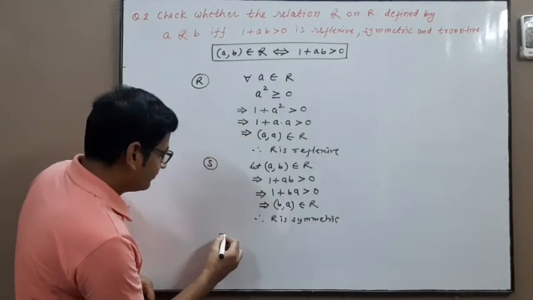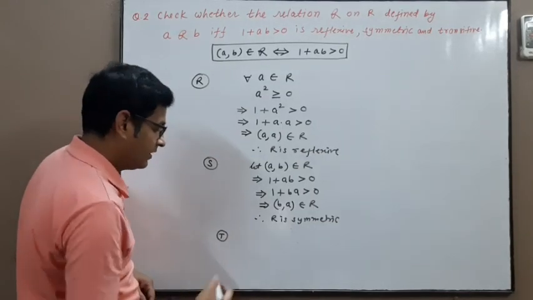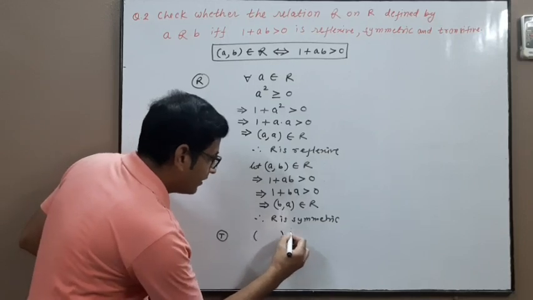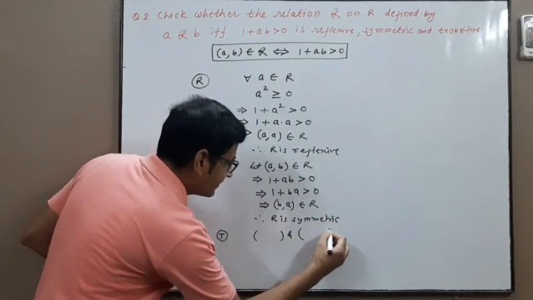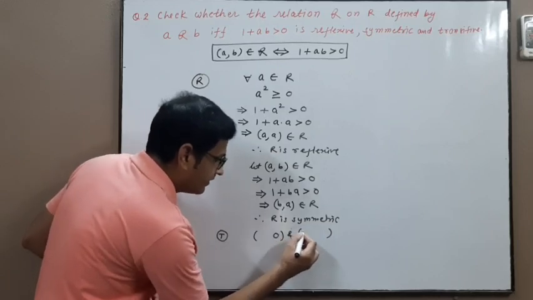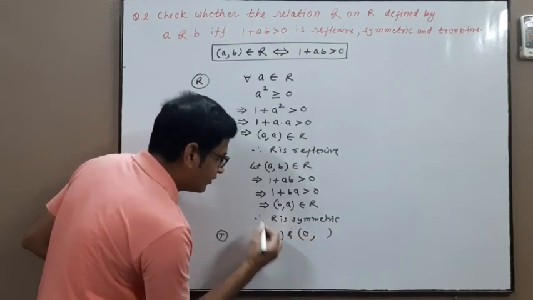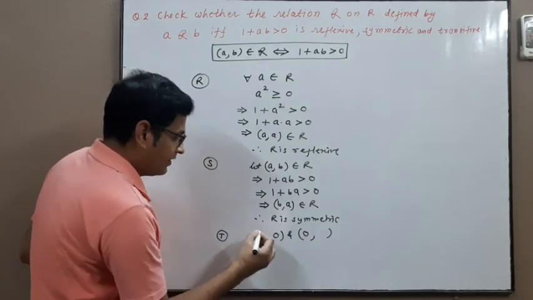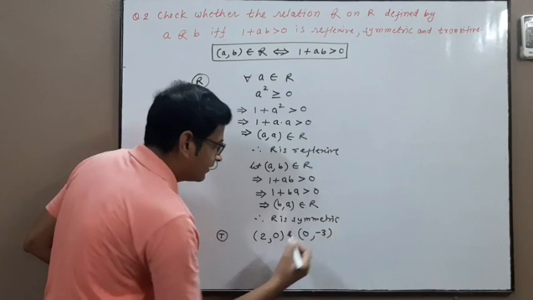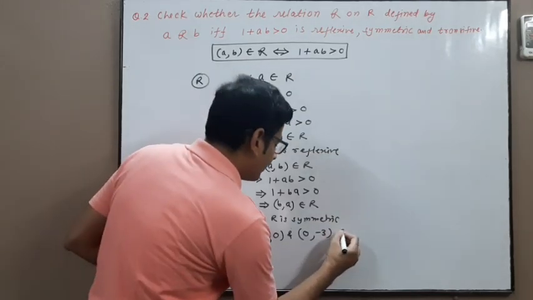For transitive, take two ordered pairs in such a way that the second element of the first ordered pair is 0, because we know 0 into any number is always 0. Take one number as 2 and another number as −3. (2, 0) belongs to R. Why?